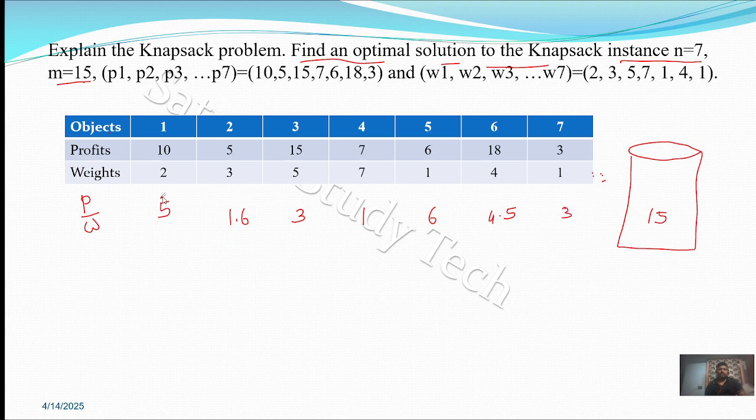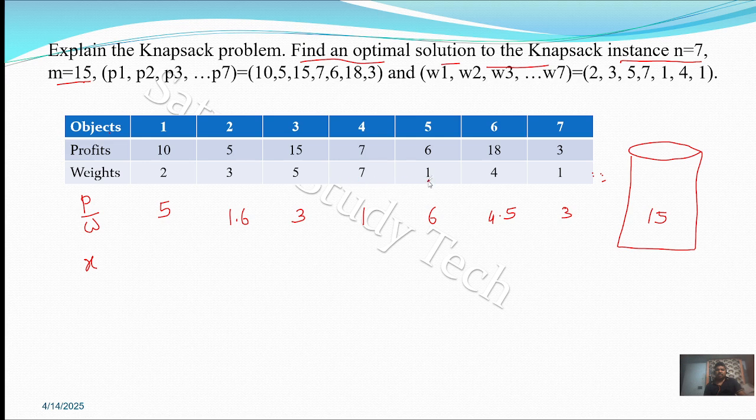Now we consider the x value. Which object has the highest profit per kg? Here 6 is the maximum, so we choose that object, object 5.